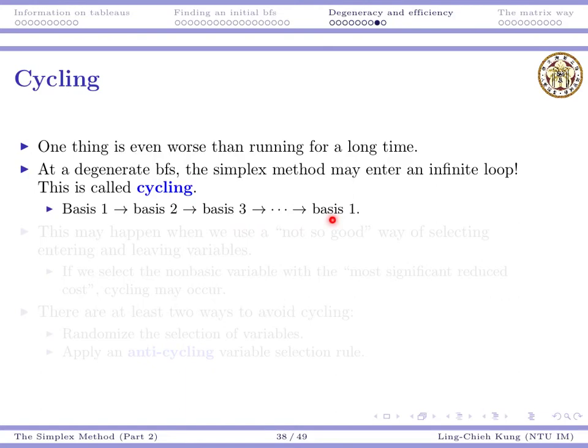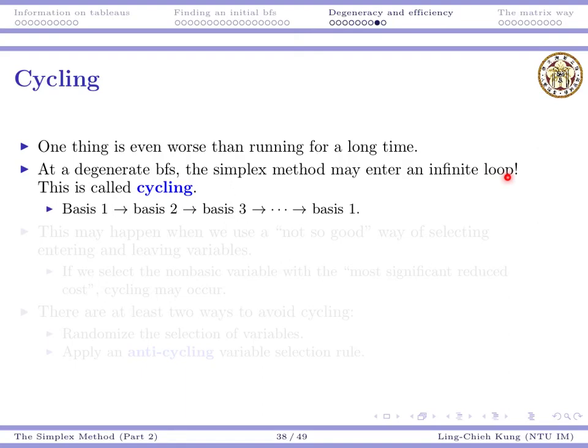If that's the case, then we cannot guarantee that the simplex method can solve any problem, right? Because if we enter an infinite loop, then for a long time there is no conclusion generated. And then we cannot say the simplex method may solve any problem. Why? This contradicts our previous claim.